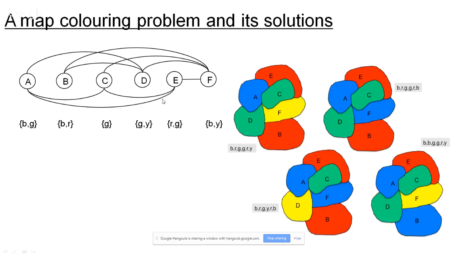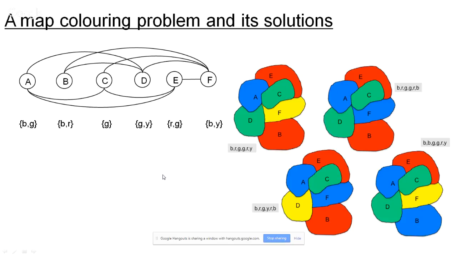There are 6 variables: A, B, C, D, E, F. The constraint graph on the left captures the binary constraints between different regions. On the right, you can see 4 different solutions for the map coloring problem. You can also see that A is adjacent to E, C, and D, and that is shown by having edges from A to E and to C and to D, essentially.